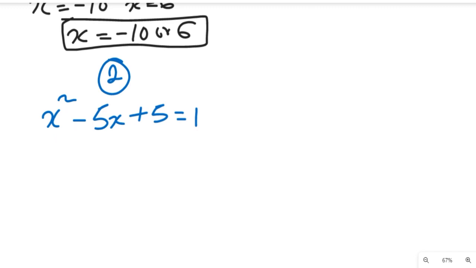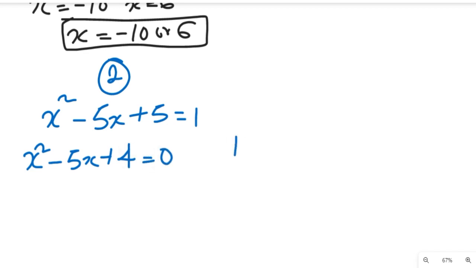Now, let's simplify that. We simply subtract 1 from both sides. If we subtract 1 from both sides, we have x squared minus 5x plus 4, and that will be equal to 0.